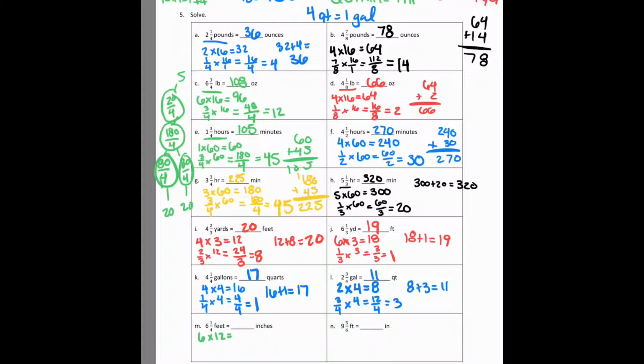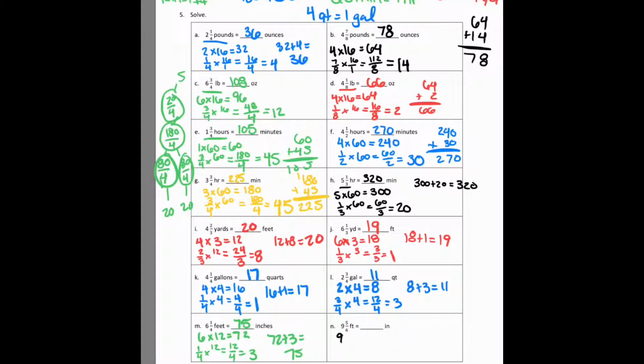I'm going to say 1/4 times 12, which would be 12/4, which is the same as 3 wholes. And when I add those 3 wholes plus the 72 that I had up there, it's going to be 75 inches. So again, we're just multiplying the whole number times the conversion factor and the fraction with the conversion factor and adding our products together.